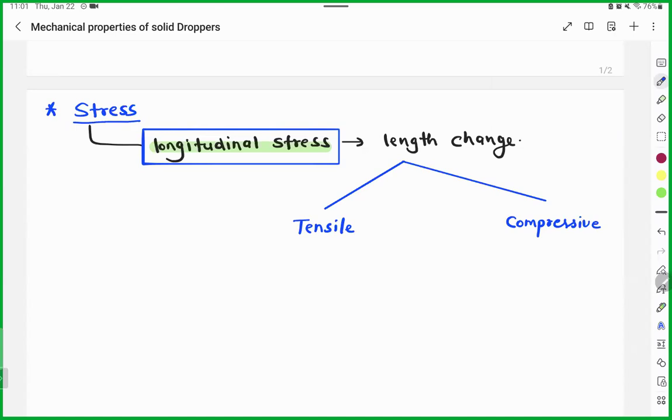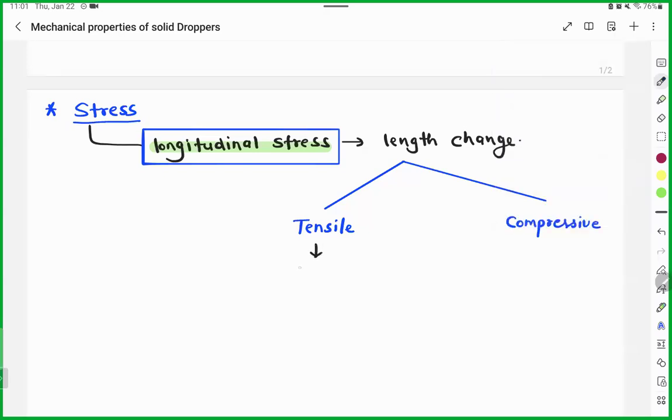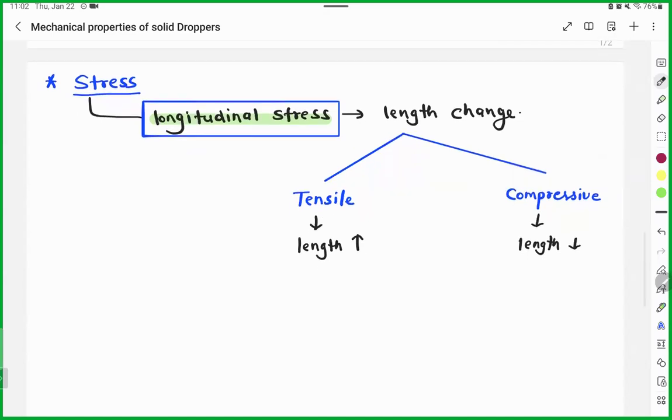Tensile means you are increasing length, and compressive longitudinal stress means you are decreasing length. Any doubt, Sarah? No, sir. Mostly we increase length, but even if you compress the spring, it will again come to the original position. But the formula will remain the same: stress is equal to restoring force per unit area.